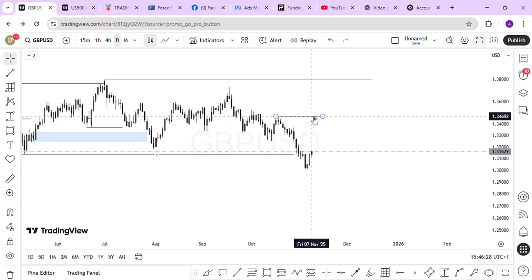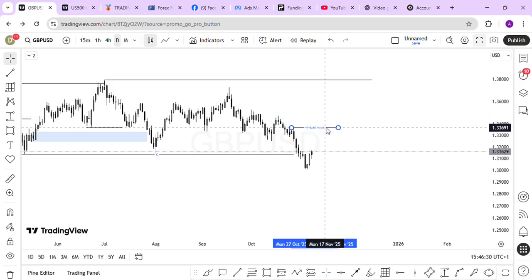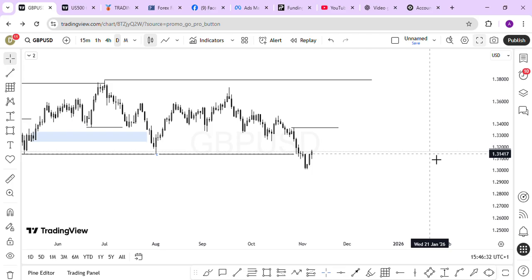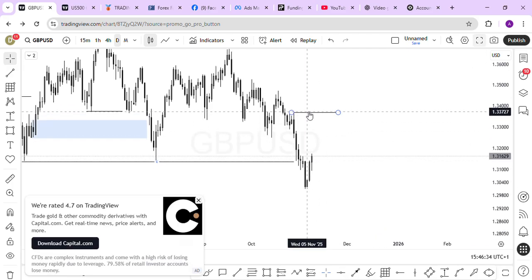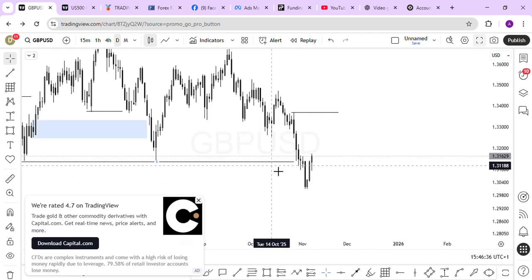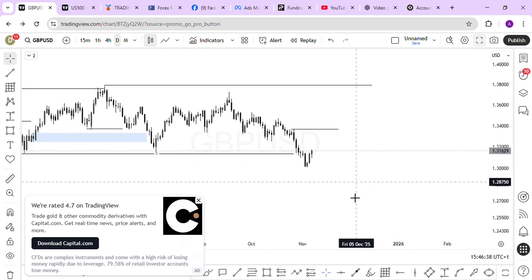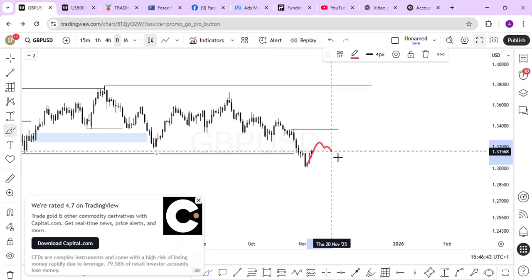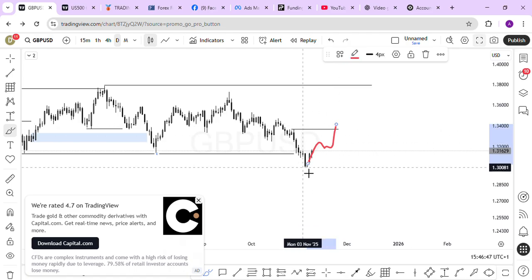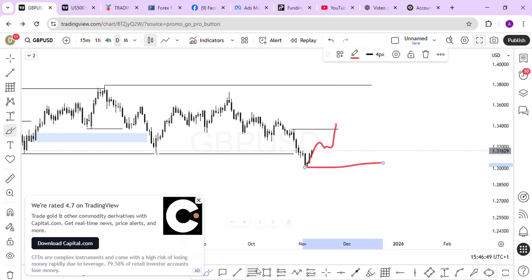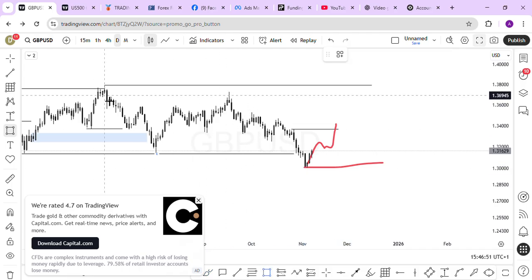But in order not to confuse people, this is the last pullback that the market did before we had this change of character. So anything that makes this market come above here, it means that this low will be confirmed. Next thing we are going to do is to look for our POI.